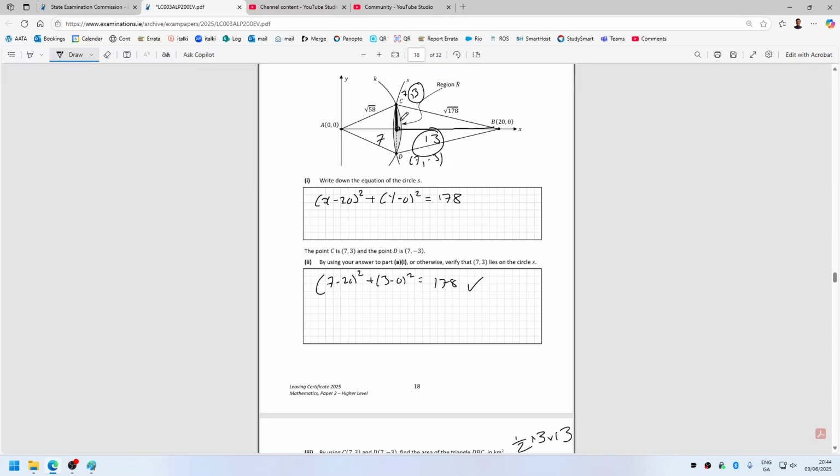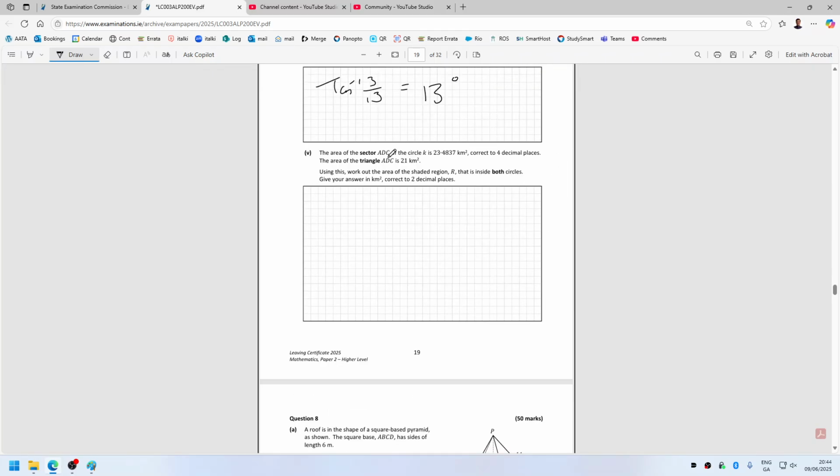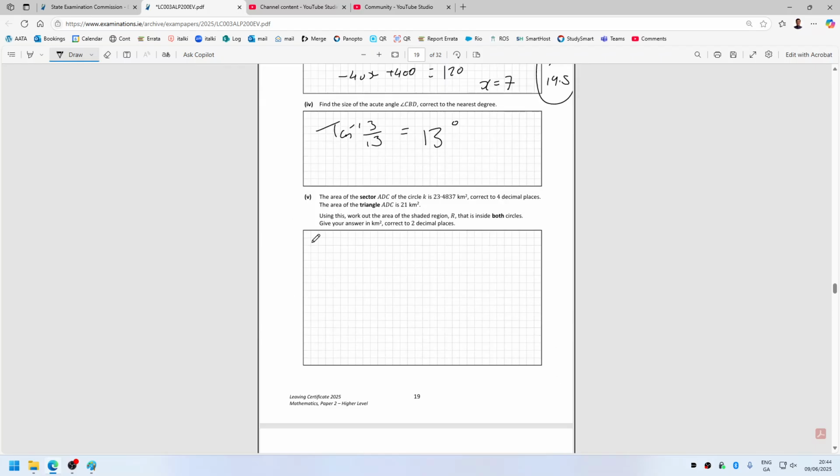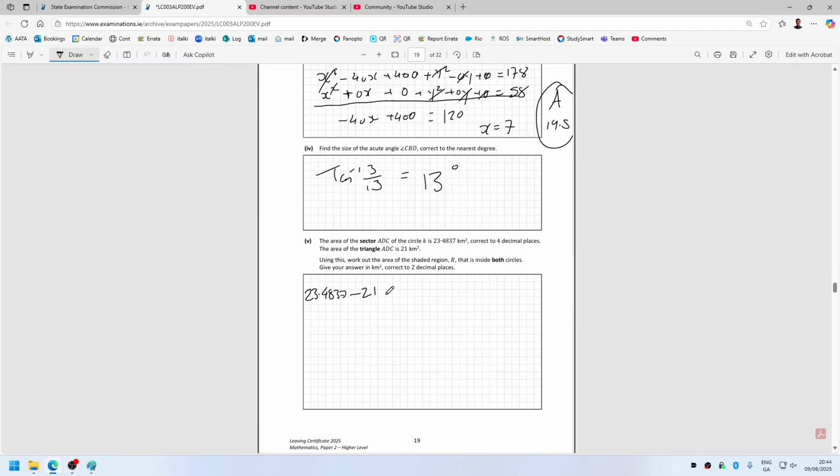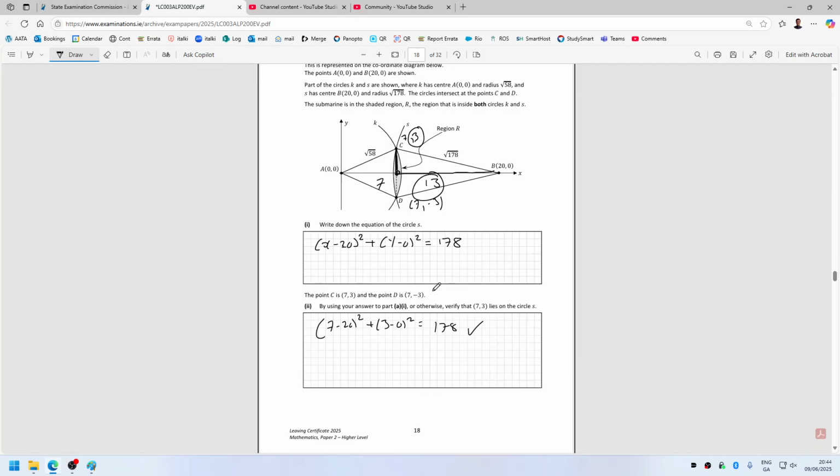That would give you this sliver on the right, and then it's the sector minus the left. Okay, so it's going to be the sector 23.4837 minus 21. So that's the whole sector minus 21 plus the previous sector, which is going to be 13 over 360 times pi r squared.